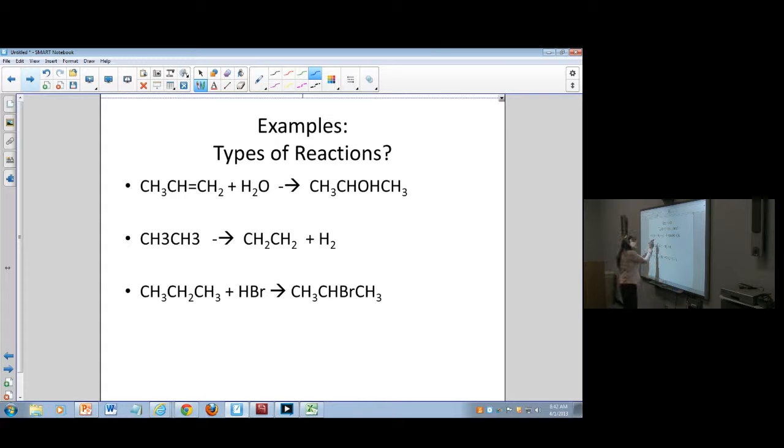So when I take this propene, one propene, and add water to it, I end up getting a structure that looks like this, where I have a hydrogen on one, like it was before. It was already there, and added to that is this OH group. And I once had 2 hydrogens down here, but now I have 3. So what is that? That's an addition reaction. Addition.